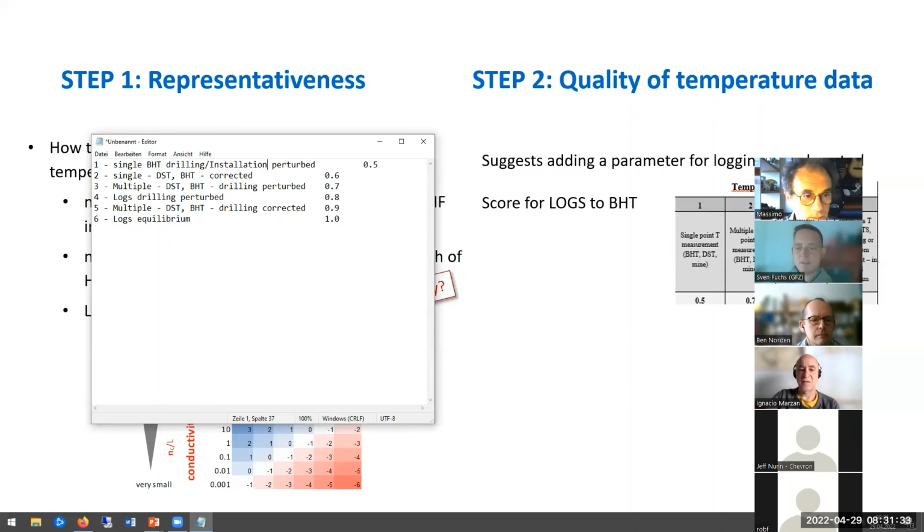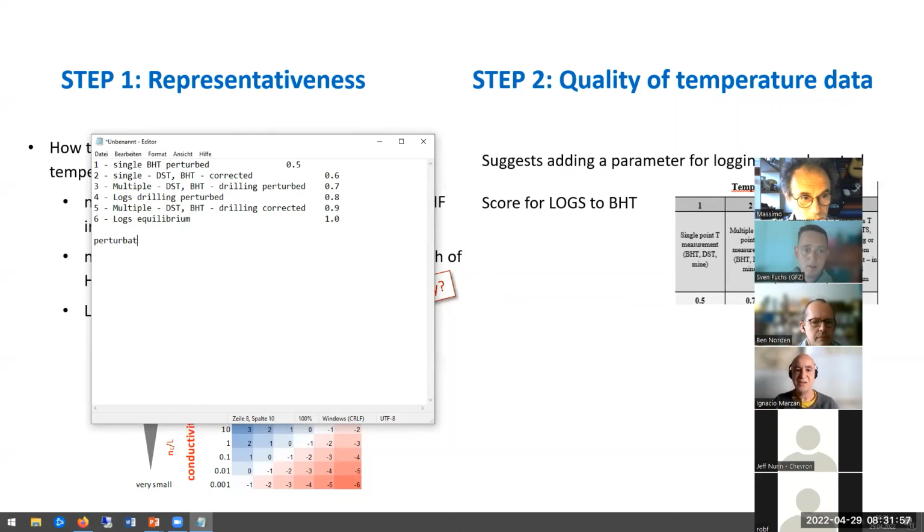Can we subsume this under installation? No, I'm not asking you to specify this. It's only to see the difference between groundwater circulation, the environmental situation around the well, and the other one, which is technical.